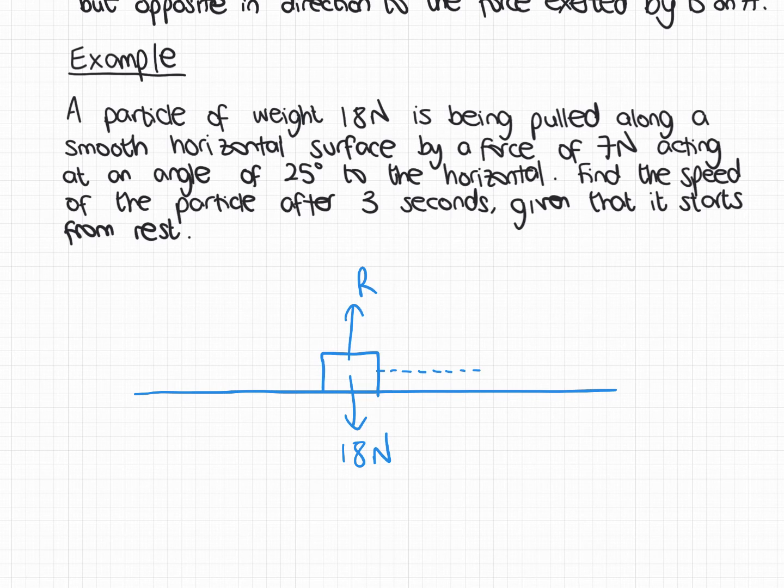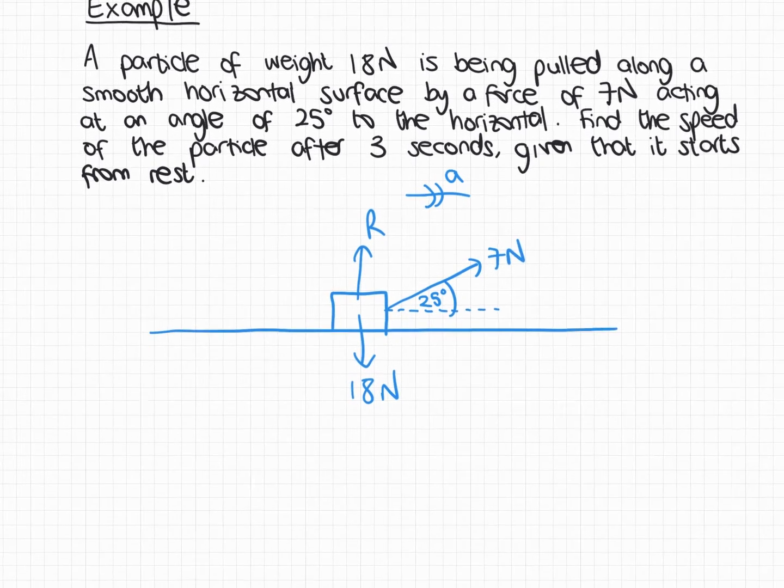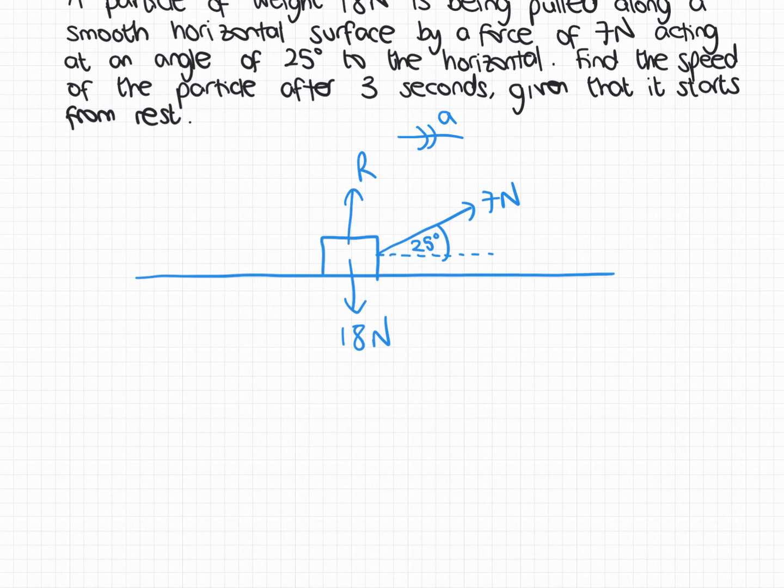So if I imagine that's the horizontal, I've got a force here of 7 newtons where that angle is 25 degrees. And it's moving along. So if it's moving, it's going to be going in that direction by a. So I'm going to draw that just to remind me that it's moving with that.